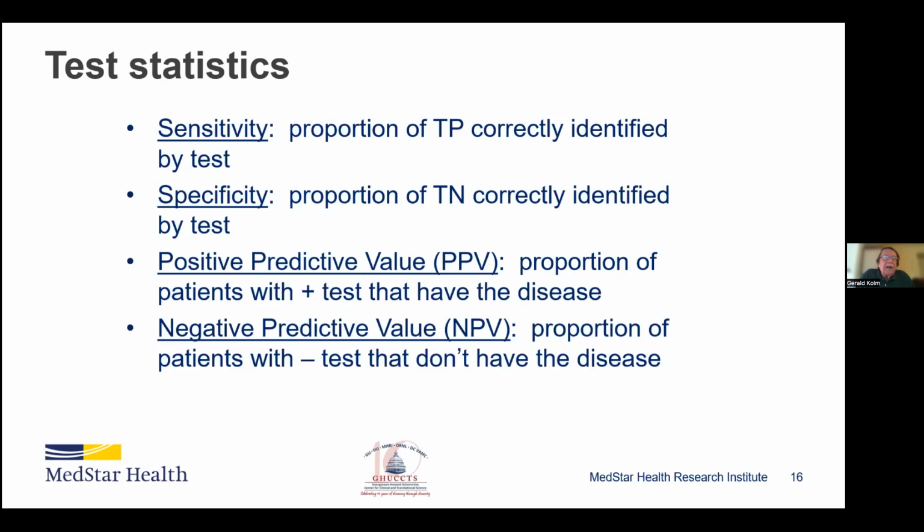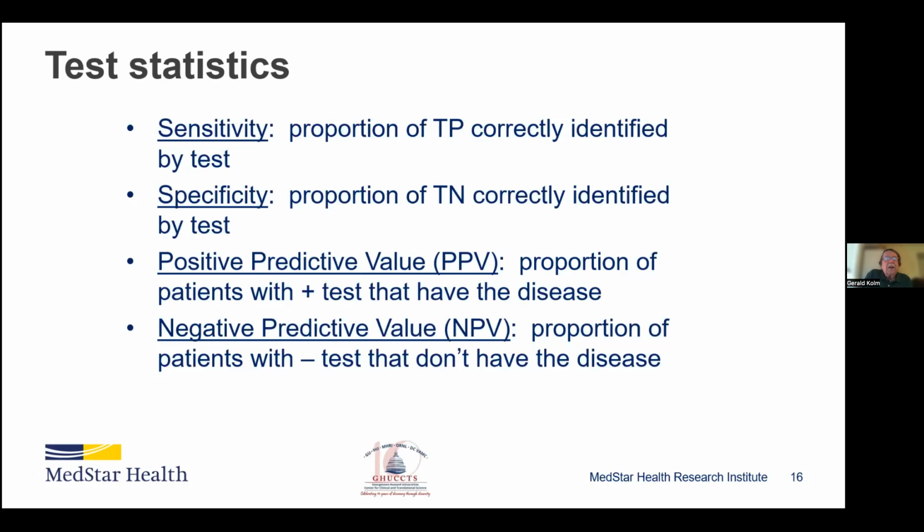And specificity then is the proportion of true negatives that is correctly identified by the test. And our positive predictive value is the proportion of patients with a positive test that actually have the disease. And our negative predictive value is the proportion of patients with a negative test that don't have the disease.